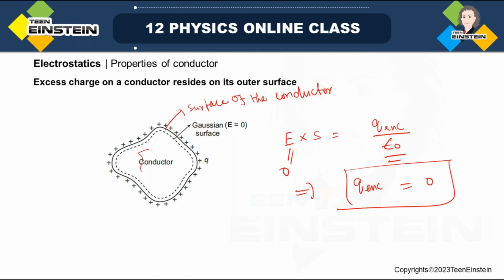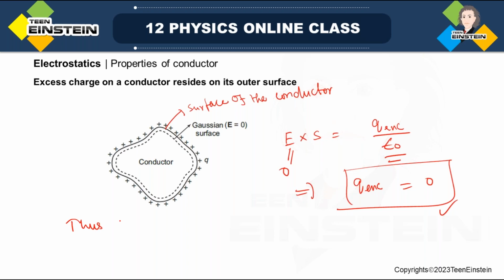I can take it anywhere, as small as possible or as large as up to just before the surface. I can choose any Gaussian surface inside the conductor and get the same result: Q enclosed is zero.